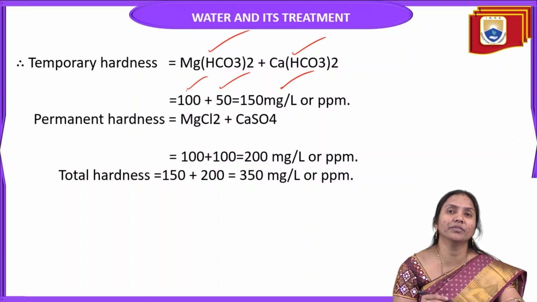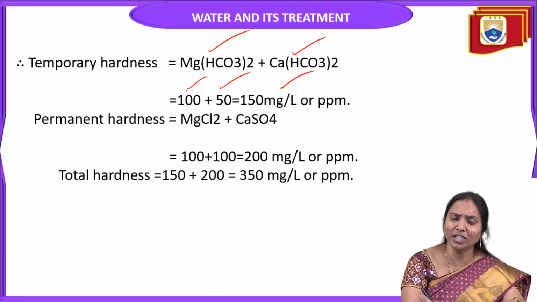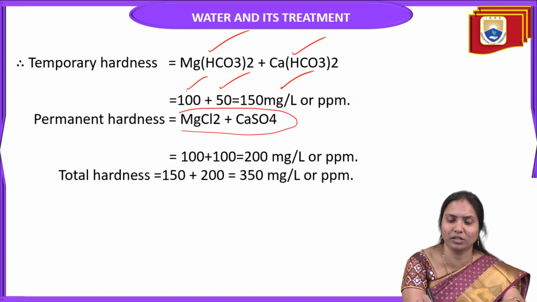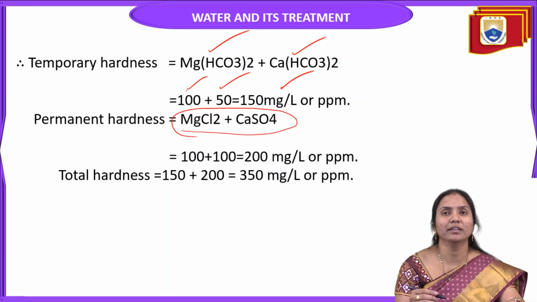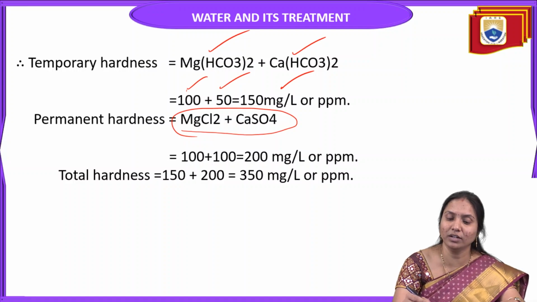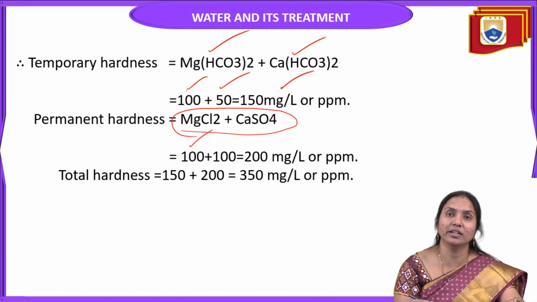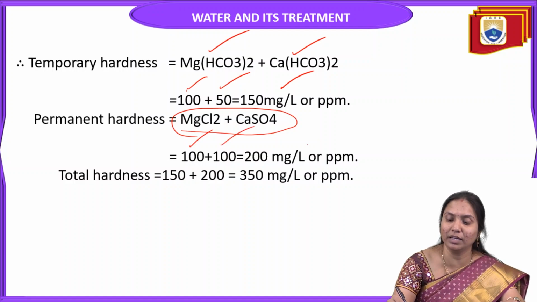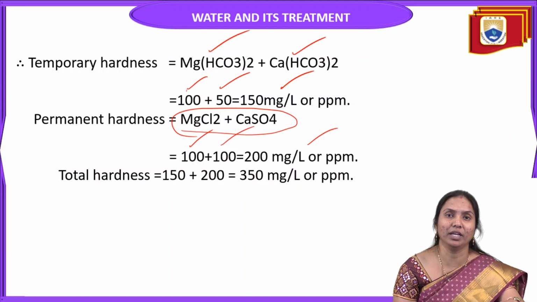Next, the permanent hardness causing salts present are magnesium chloride and calcium sulfate. After converting to calcium carbonate equivalent, magnesium chloride is 100 and calcium sulfate is 100, so 100 plus 100 is equal to 200 milligram per liter or ppm.